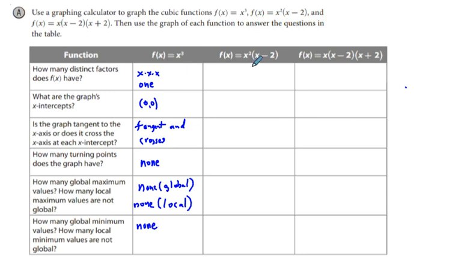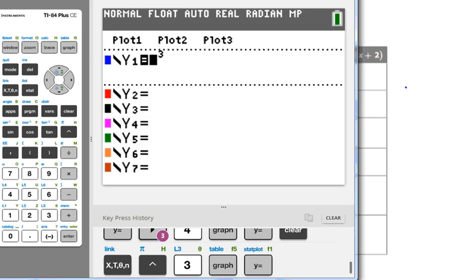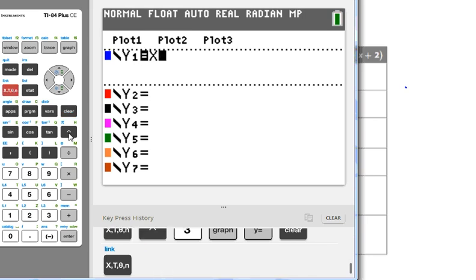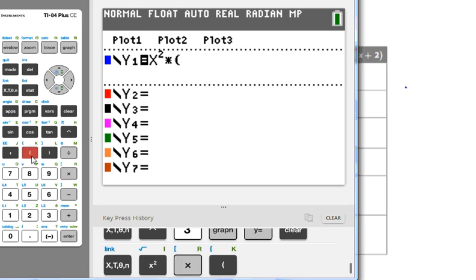So now we have the second column, f of x equals x squared times 20x minus 2. So let's go ahead and put that back in. So x squared times 20x minus 2.